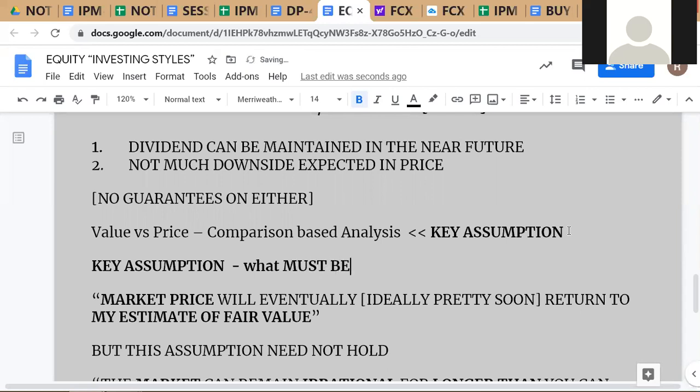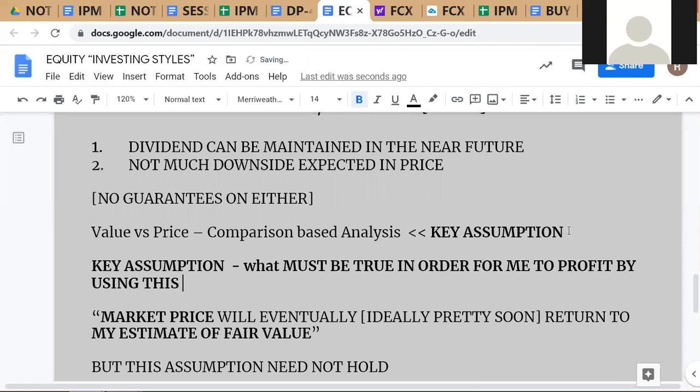What must be true in order for me to profit by using this method? Okay, so this is what we mean when we talk about what must be true. That is what must be true in order for me to profit by using this method. That is what I mean by critical assumption.